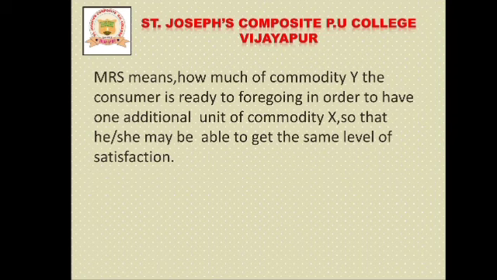According to this law, if the consumer wants to have an additional unit of commodity X, apple, he or she has to sacrifice lesser and lesser units of the other commodity, commodity Y, banana. In other words, MRS of X for Y will go on diminishing. So this is the marginal rate of substitution.